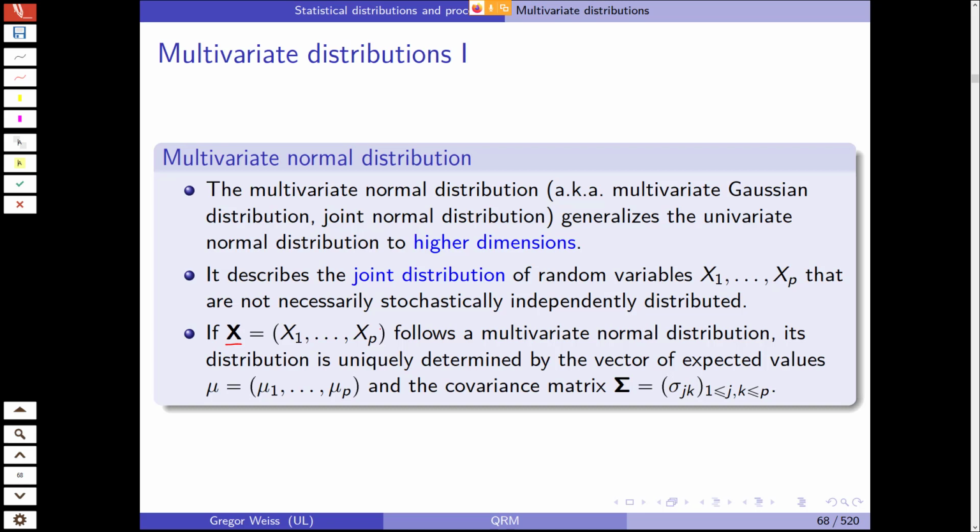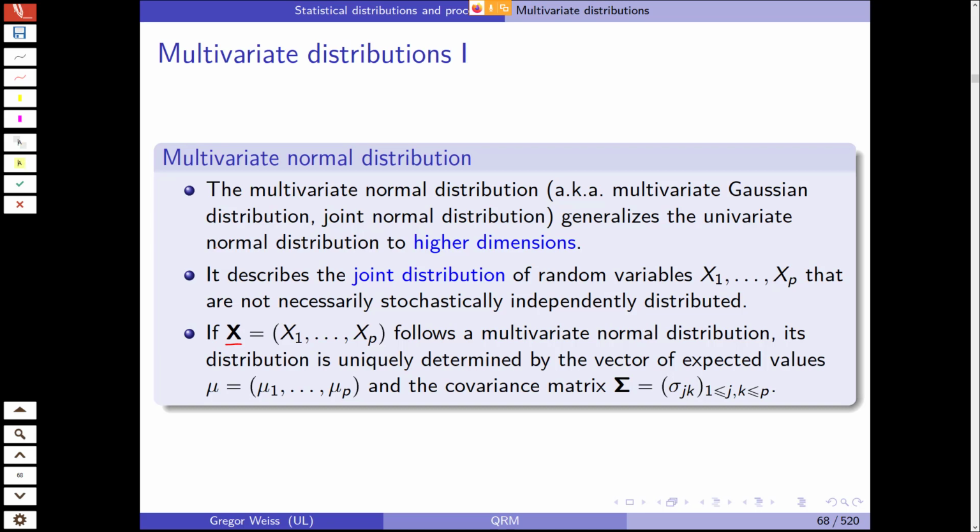So we'll start with the random vector following a so-called multivariate normal distribution, the most basic form of a random variable in multivariate dimension. Its distribution is uniquely determined by a vector of expected values, mu1 to mu p, and the covariance matrix.